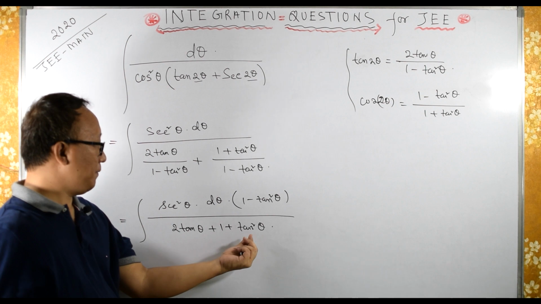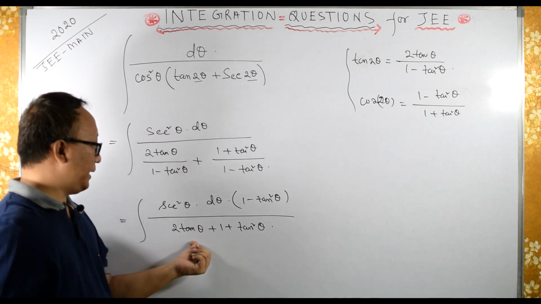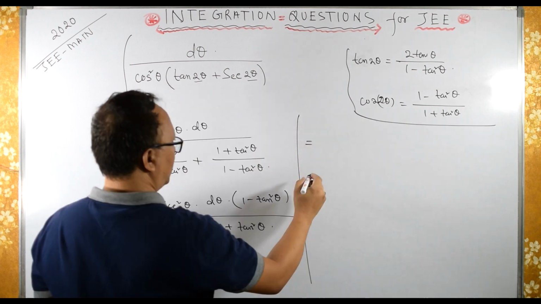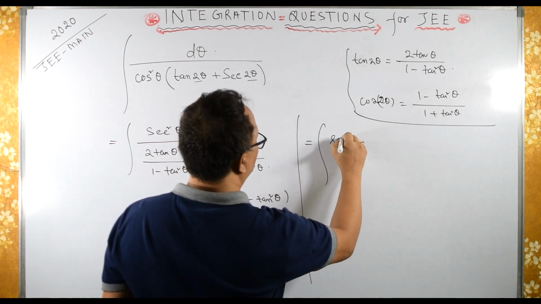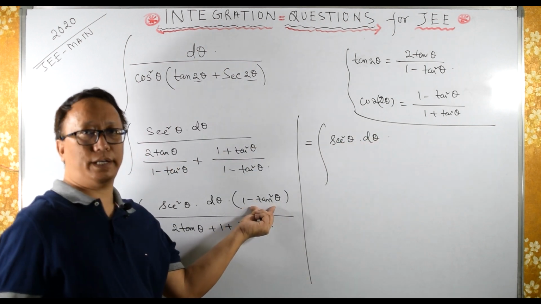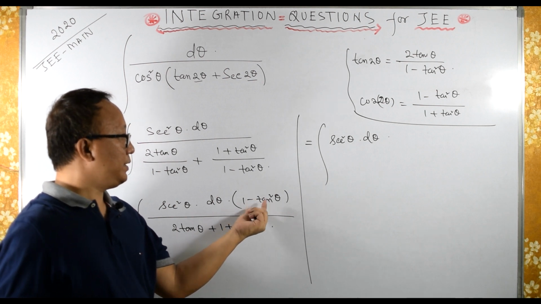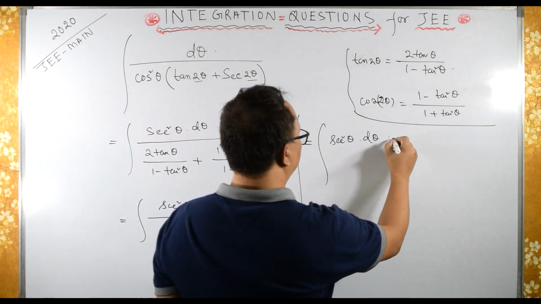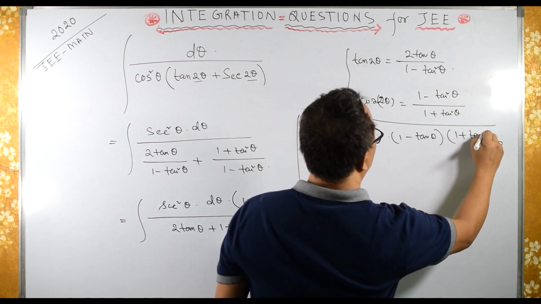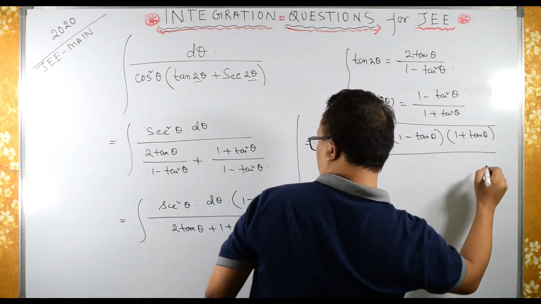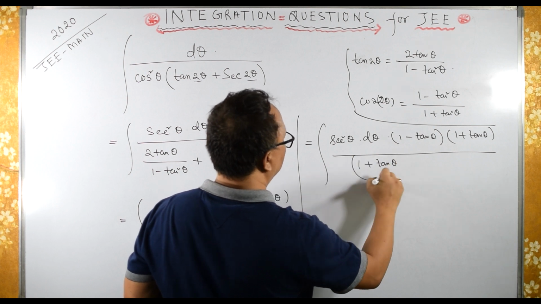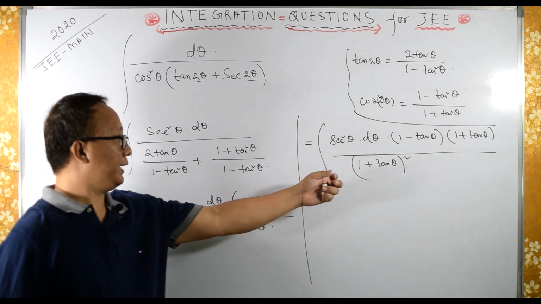It is of the form a square plus twice ab plus b square, so I can write it like this. This equals the integral of sec square theta d theta. The numerator is of the form a square minus b square, which means a minus b into a plus b. So I can write 1 minus tan theta into 1 plus tan theta, upon 1 plus tan theta the whole square, since the denominator is a plus b whole square.